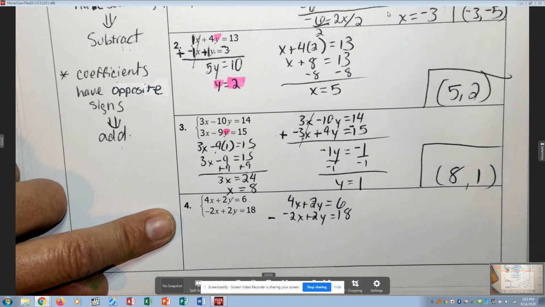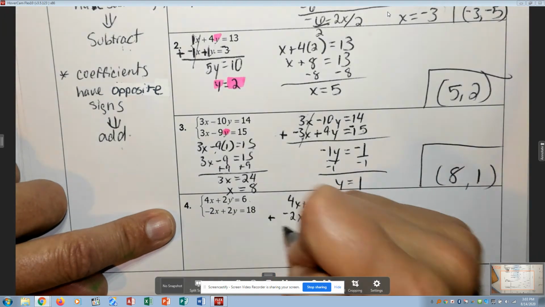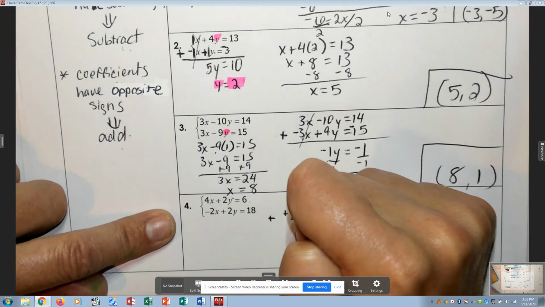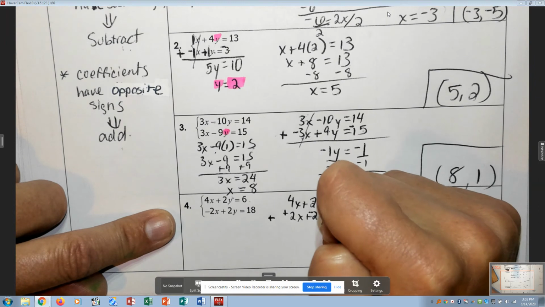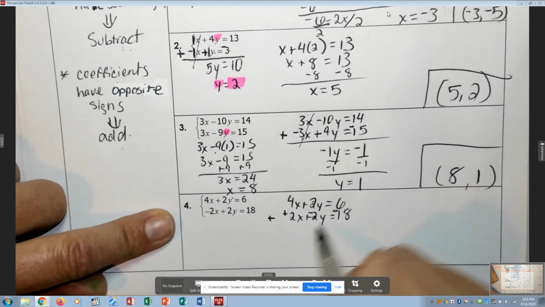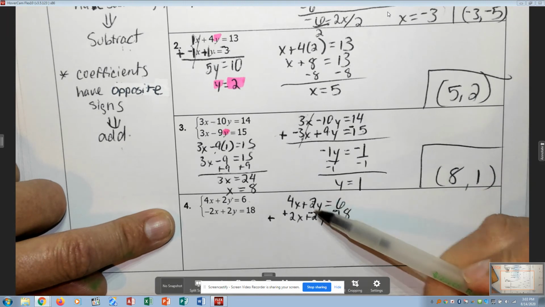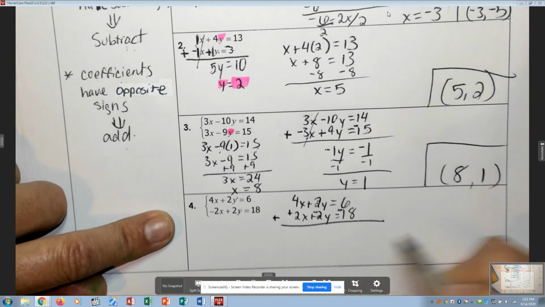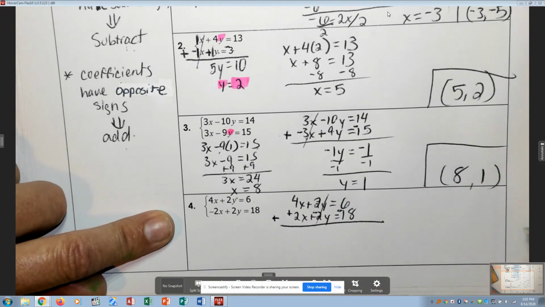I hate subtraction, so I'm going to add the opposite, opposite, opposite. Okay, so now I can add the two equations because I have my positive 2 and my negative 2 y's. So these eliminate. That was my goal.